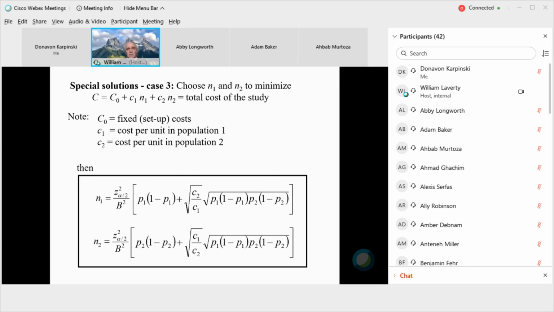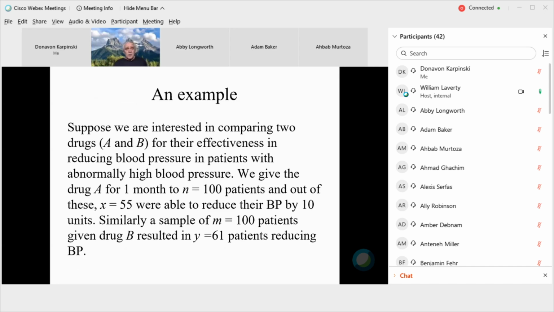Example, suppose I'm interested in comparing two drugs for their effectiveness, where the two drugs are designed to reduce blood pressure in high blood pressure patients.